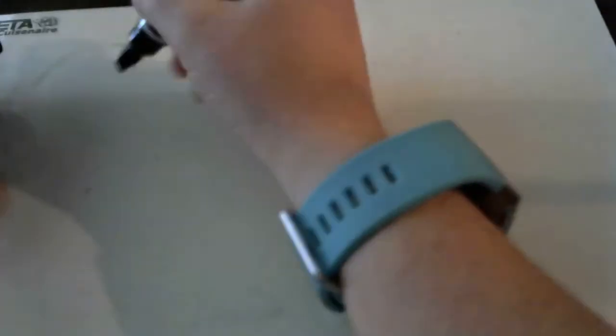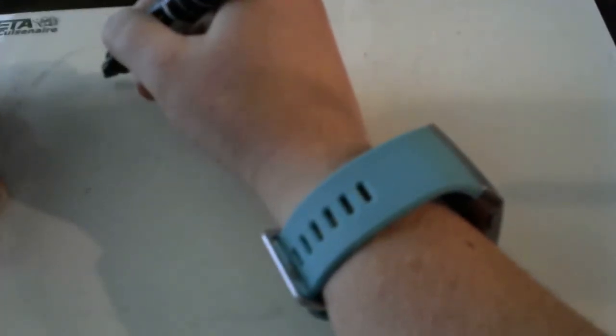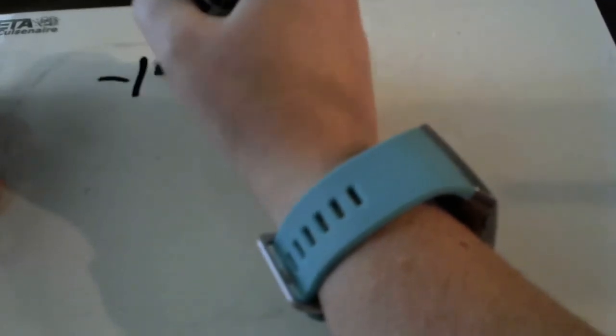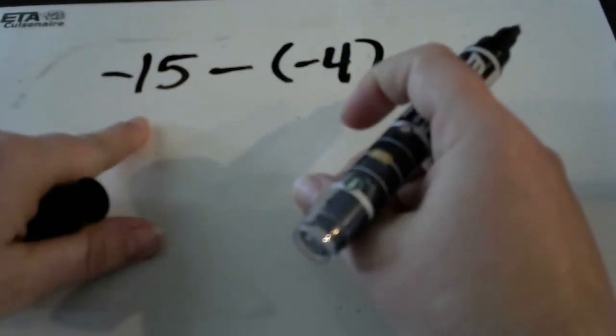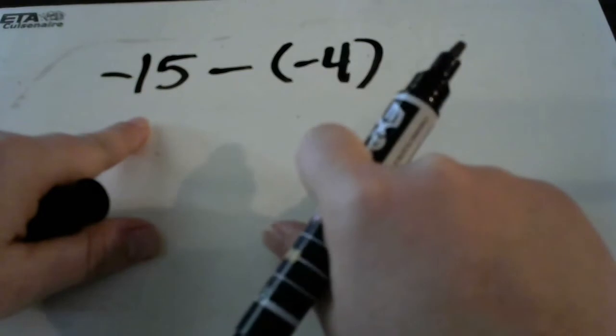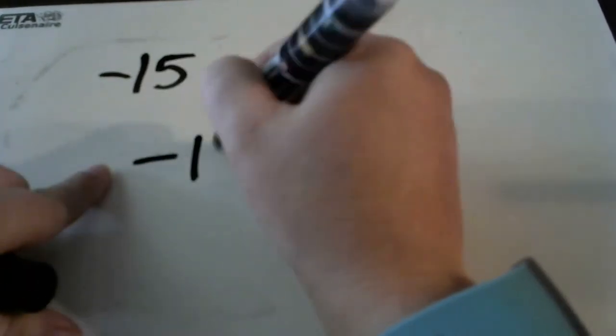Now, let's throw in some negatives. So if we had, I don't know, let's do negative 15 minus negative 4, okay? Let's try that. So if I use my rules, change the subtraction to addition and change the sign of the very next number, I'm going to rewrite it.